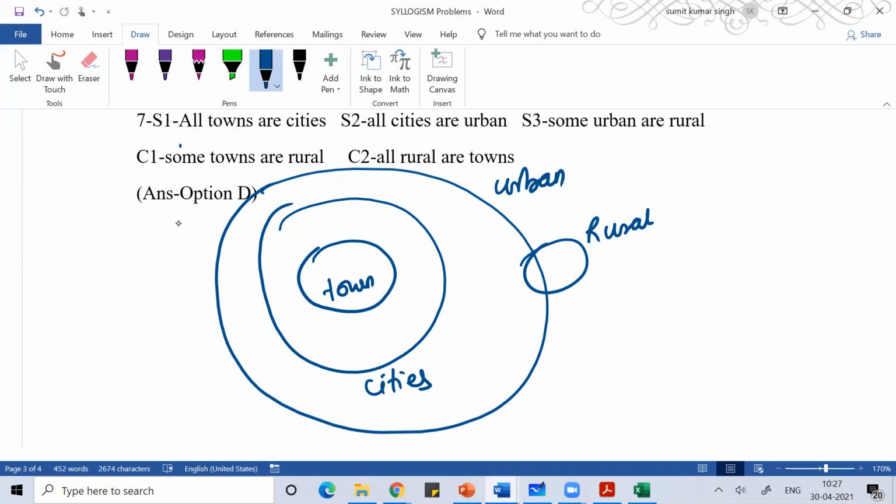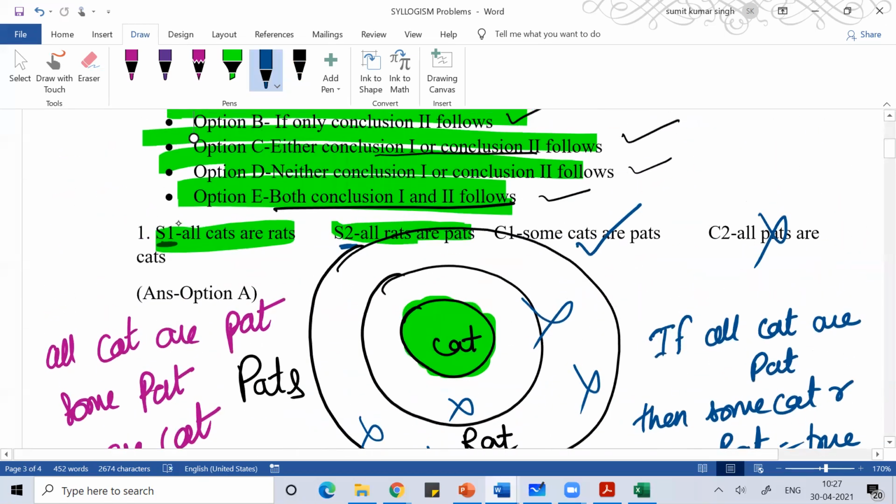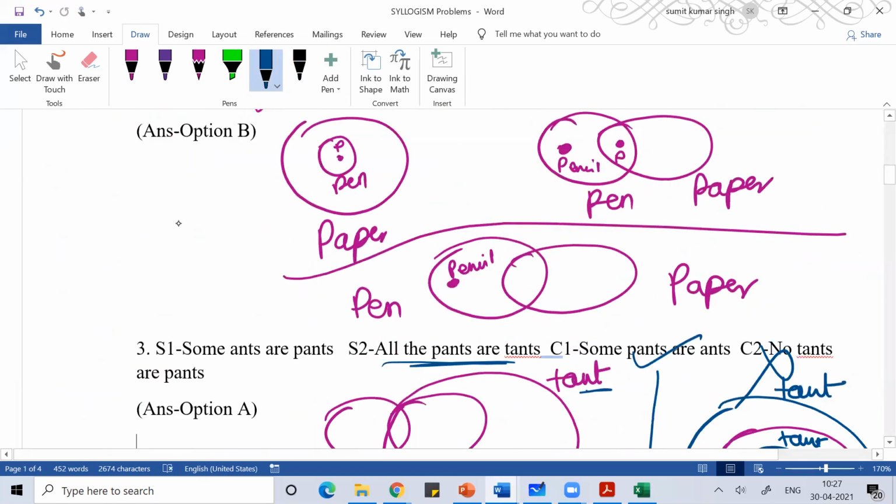That is not true. All rural are town is also not true. Neither one nor two will follow. The answer is option D.